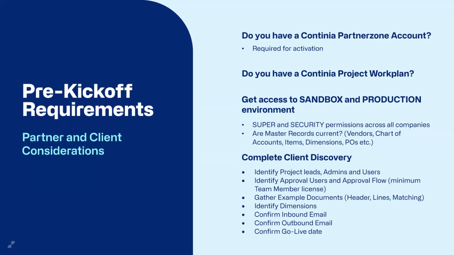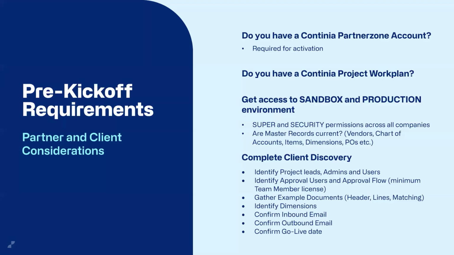The outbound email is used for notifications, possibly approval notification emails. So we would also hope that there's an outbound email set up in the Business Central environment. And then finally, you want to confirm what is the expected go live date.